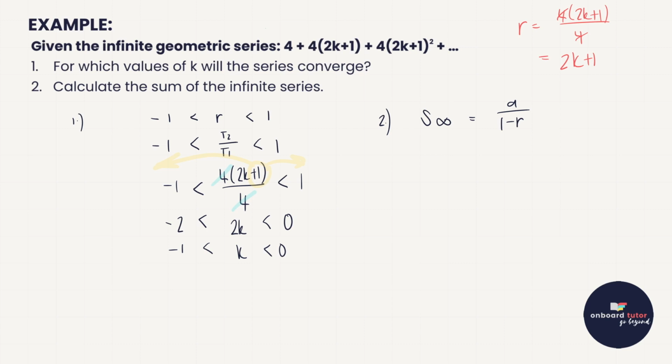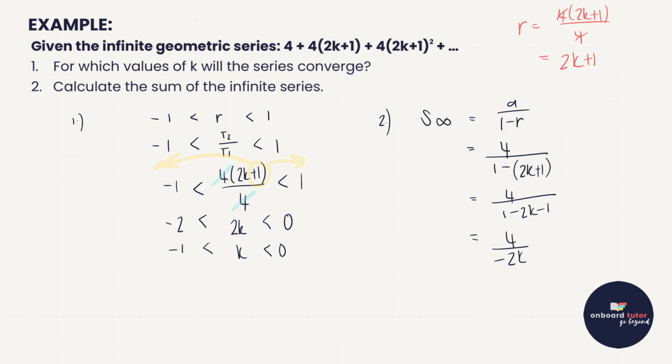And now we simply substitute in what we know. a was 4, over 1 minus this common ratio, 2k + 1. And so that's going to be 4 over 1 - 2k - 1. And that becomes 4 over -2k. All right, this can even simplify more.